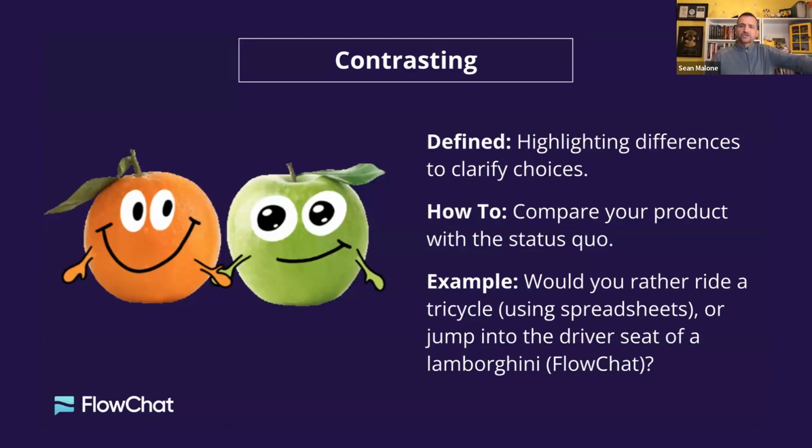"Hey, would you rather ride a tricycle, like using spreadsheets to manage everything, or do you just want to jump in the driver's seat of a Lamborghini with FlowChat?" It's using spreadsheets or doing the exact opposite, systemizing and moving in a good direction. So again, when you add the contrasting bias into your messaging, you will create more persuasion, which will again lead them to the end result.